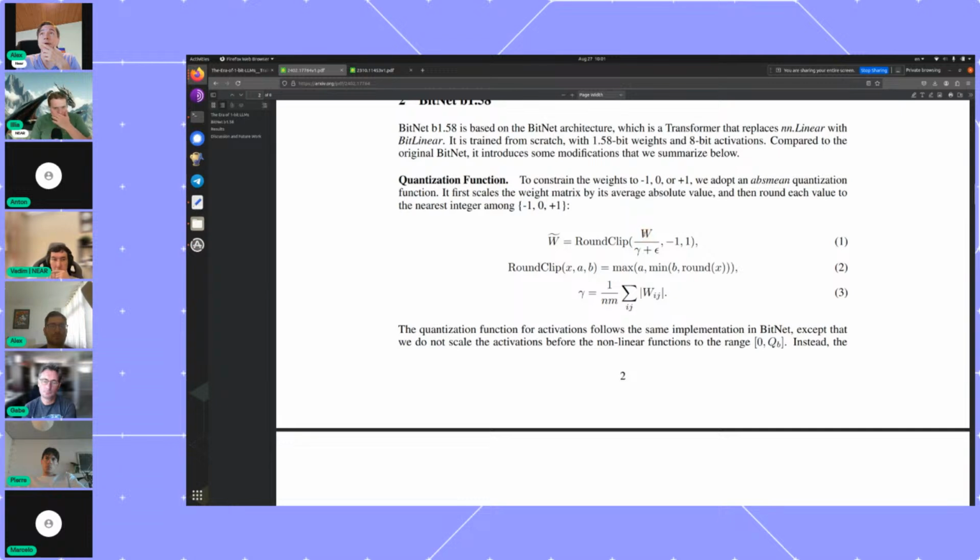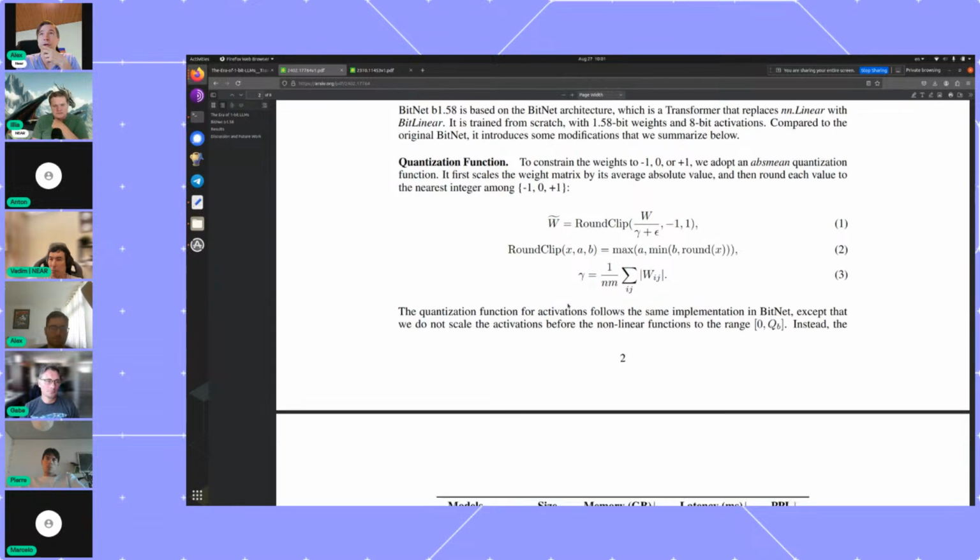Effectively, they start with the weight matrix, divide by the mean of the absolute value, clip it to from -1 to 1 and round it. Rounding effectively means it becomes either -1, 0, or 1, whichever was the closest. So there's no more mean subtraction.